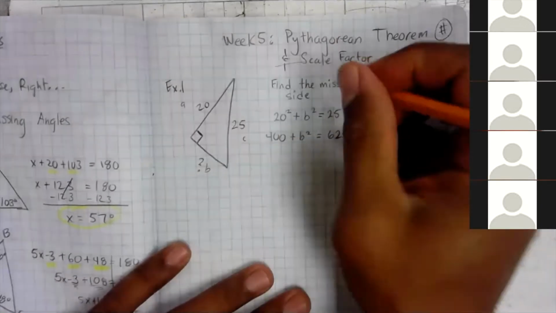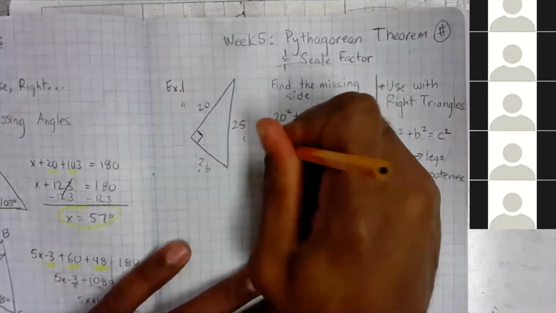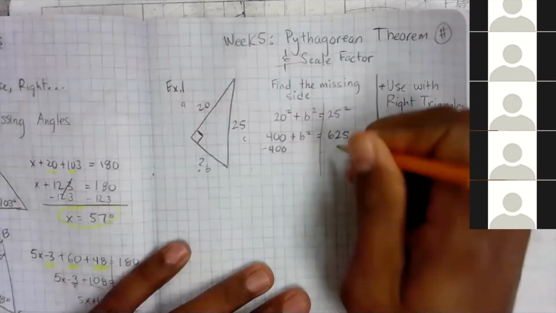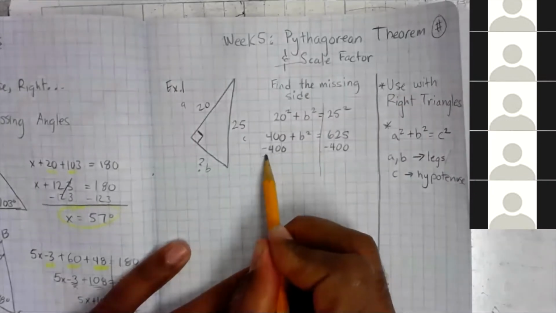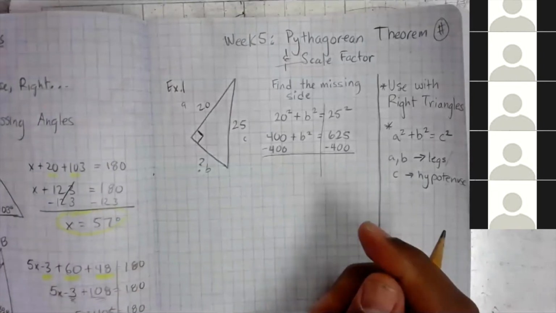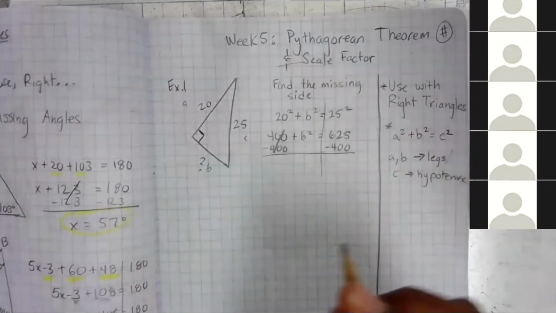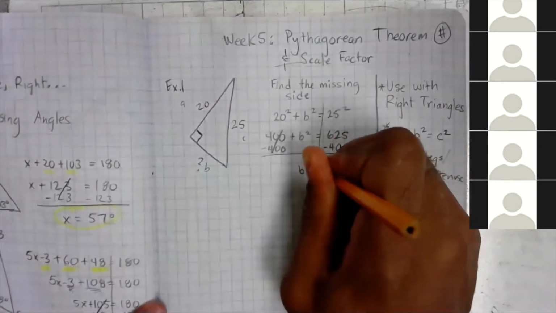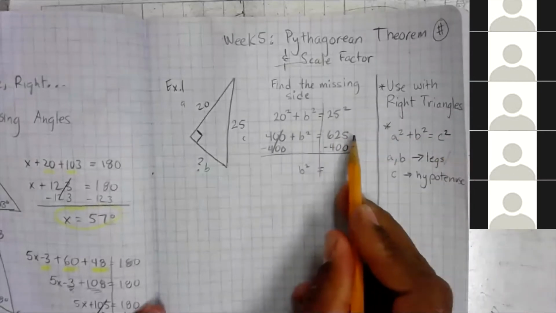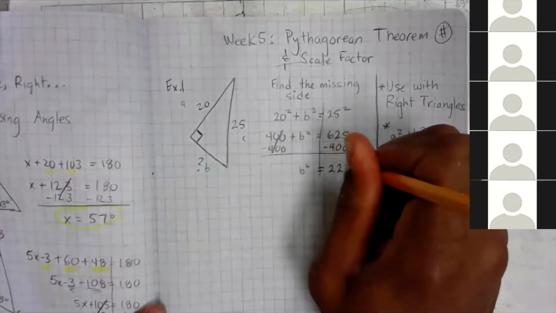So now here, I'm going to subtract 400 from both sides. That cancels out. We bring down the b squared. And now 625 minus 400, that's going to be 225.